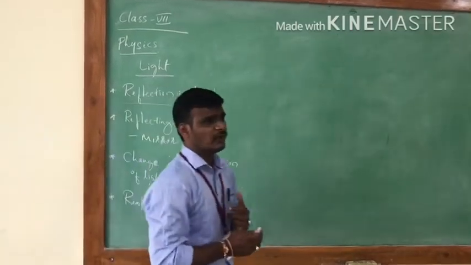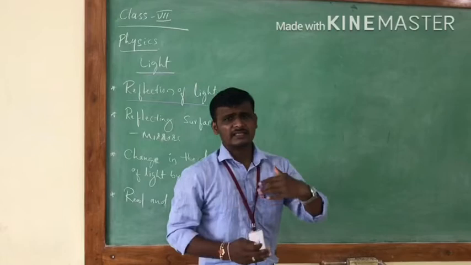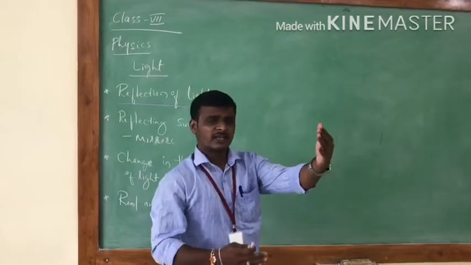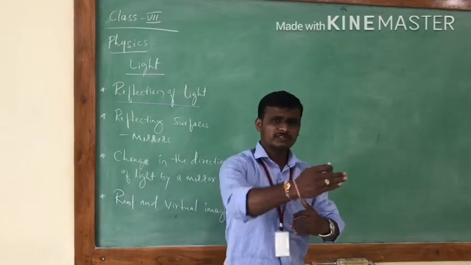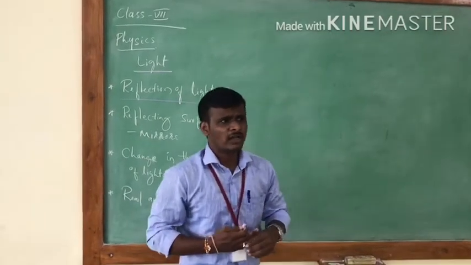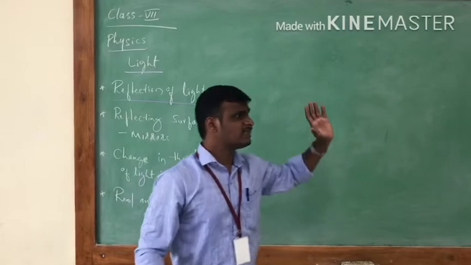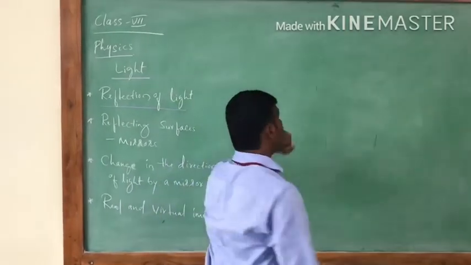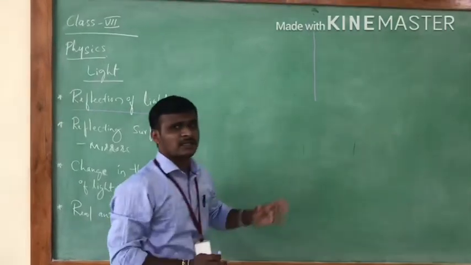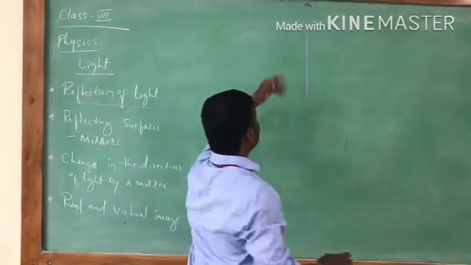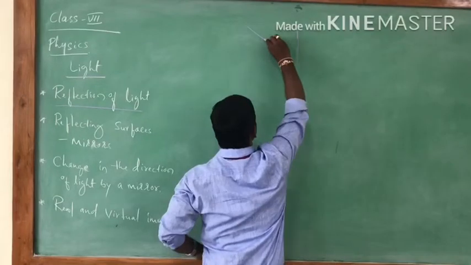Reflection means what? When light strikes a surface, if light comes back, that is reflection of light. The bouncing back of light is called reflection of light. Let us see reflection of light by a diagram. This is a surface. On that surface, a light is incident.